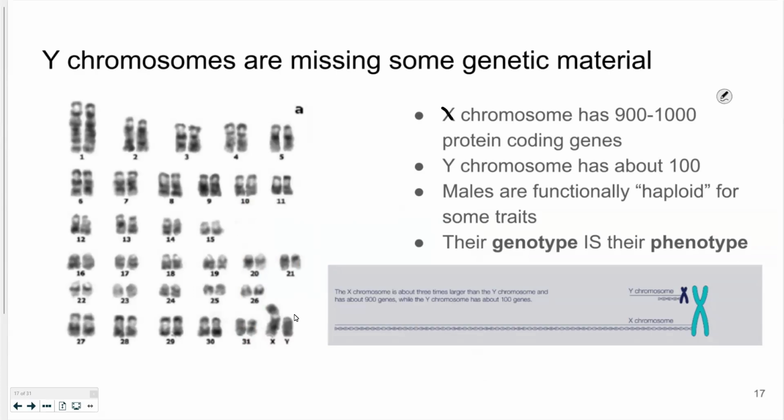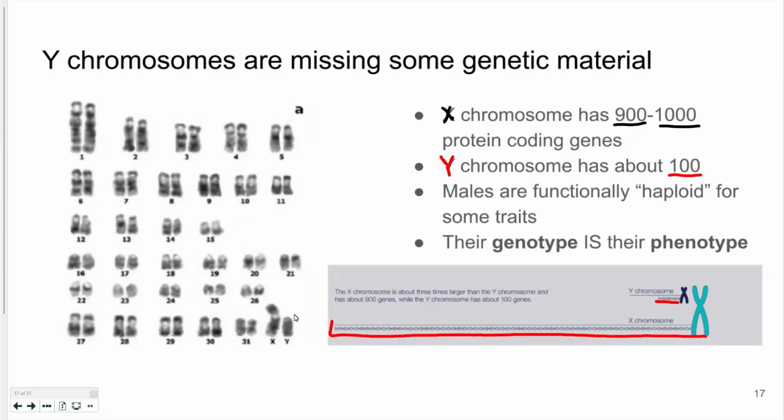Our X chromosome has somewhere in the neighborhood of 900 to 1,000 protein coding genes, whereas the Y chromosome contains much less information. It only has about 100 genes on it. So if our X chromosome has this much genetic material, then our Y chromosome has very short genetic material.